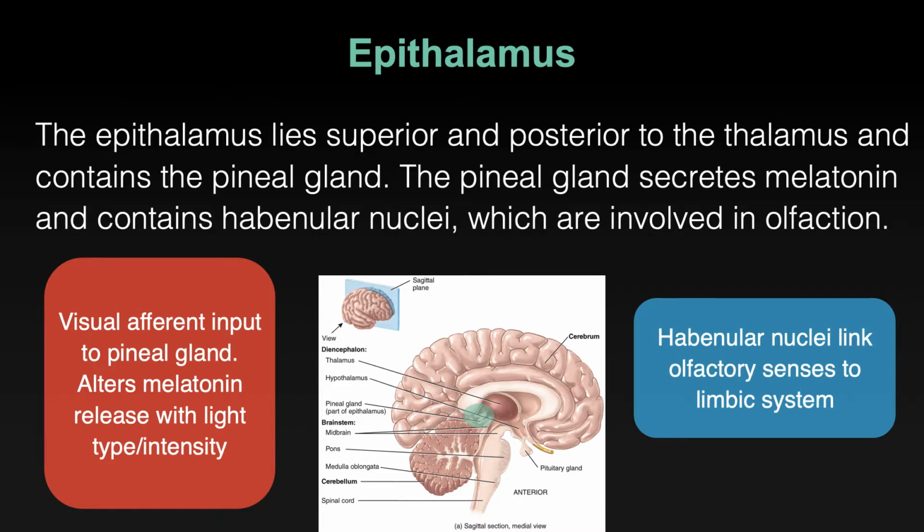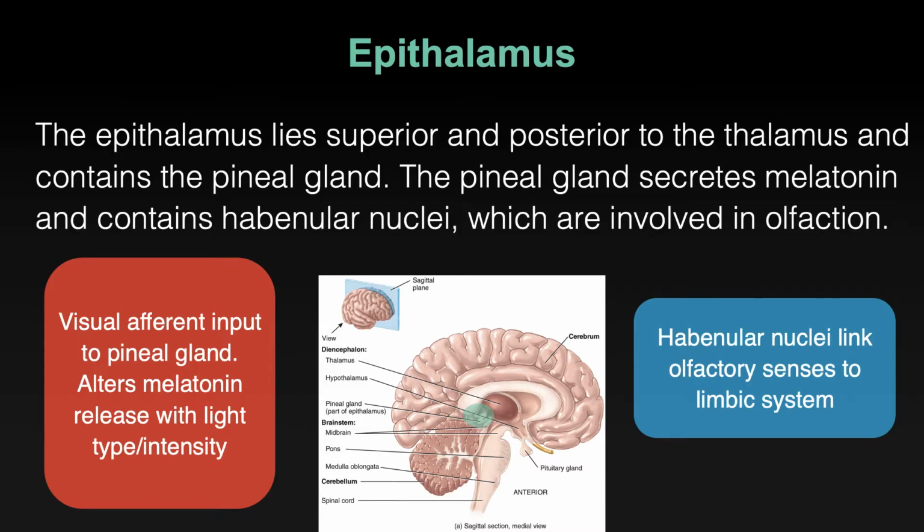And it's here that a smell might trigger an emotion or might trigger a memory. The habenular nuclei specifically will relay that sensory information and possibly trigger the emotional brain to have an emotion or a memory. So those are some notable structures and characteristics of the epithalamus, but that's really as far as I want to go into detail on that structure.